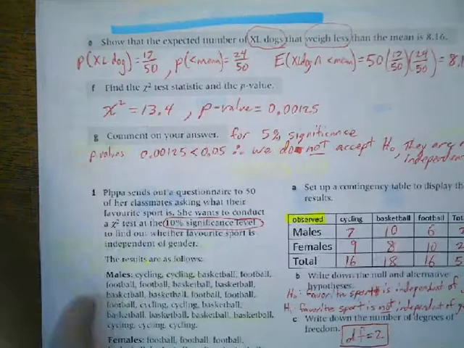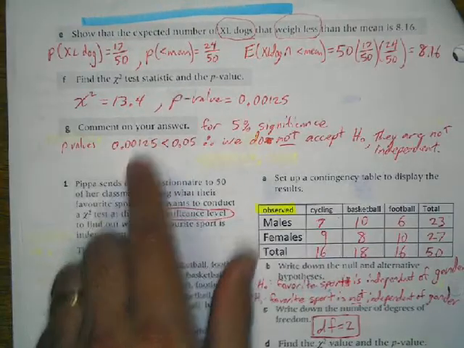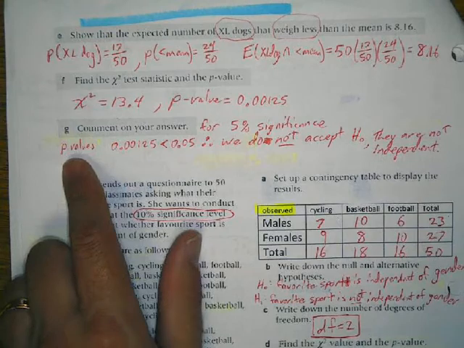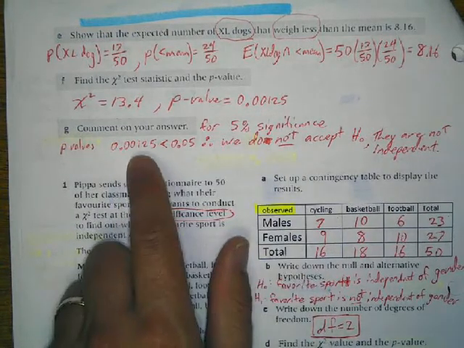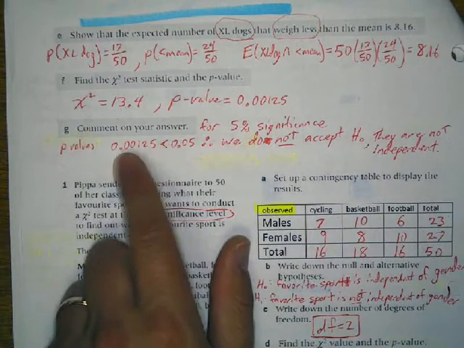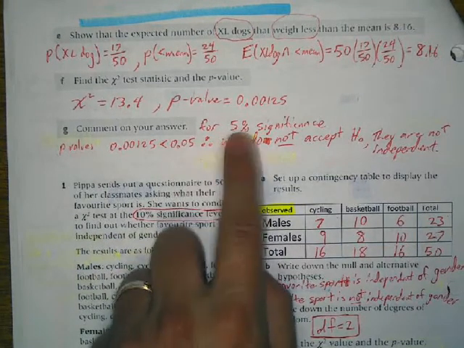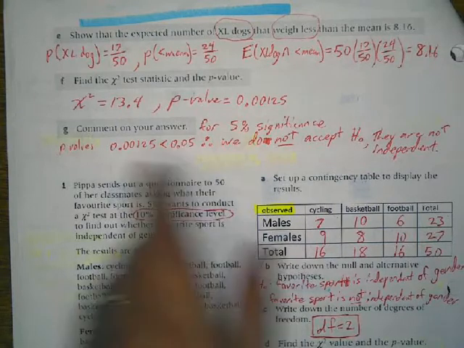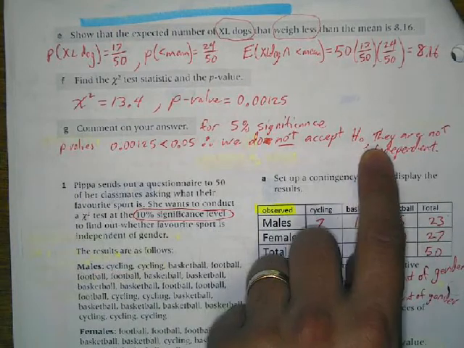So when they don't give you the critical value, and let's just say it's the IB test, then I'm going to be looking at the p-value. So here's the p-value that we calculated, 0.00125, and this is smaller than 0.05, which is 5% significance. I read it as a decimal. So since this is smaller than this, we do not accept the null hypothesis.